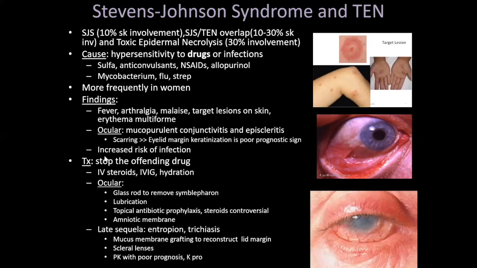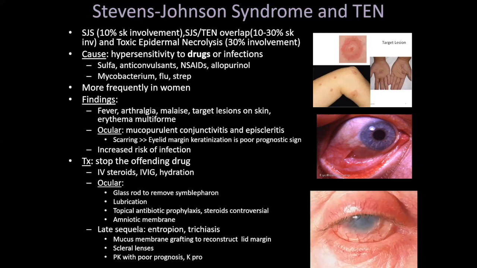And the treatment involves stopping the offending agents. The use of steroids, both systemic and topical, is quite debatable. Some authorities advocate for it, others are against it. The use of intravenous immunoglobulin, the same.